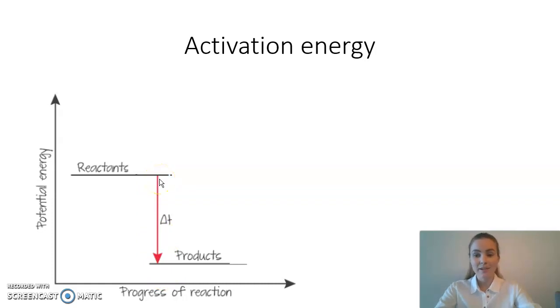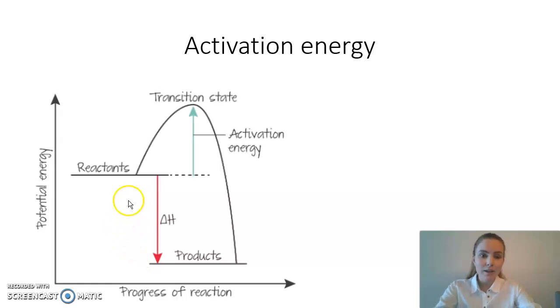But actually, what happens isn't that we go straight this line. What actually happens is that we need some energy for the reaction to happen. So we need to go up this energy to the transition state.